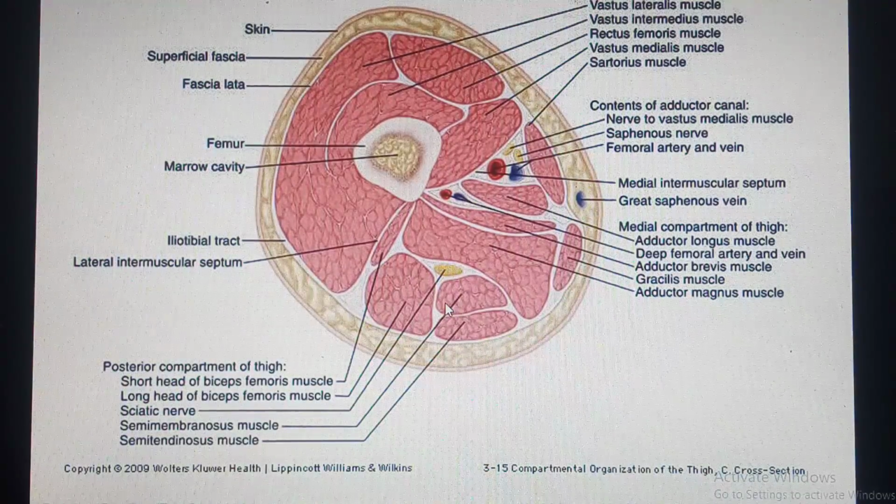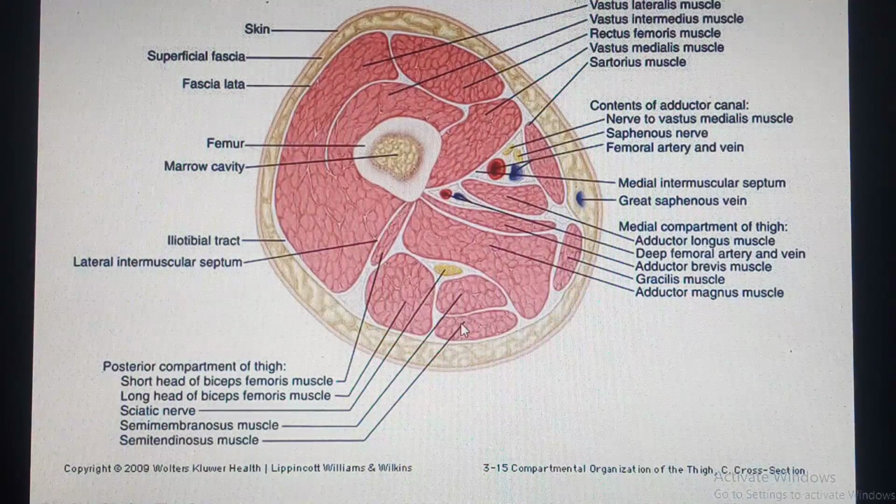And then of course, I told you that sandwiched between the long head of biceps femoris and the semimembranosus muscle, this is the semimembranosus muscle. I told you that it is deep to the semitendinosus muscle.